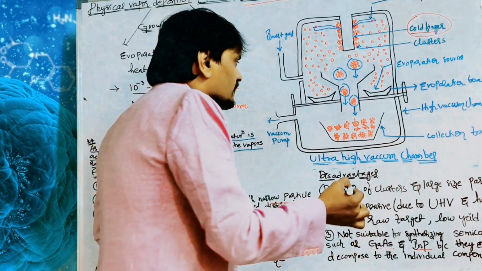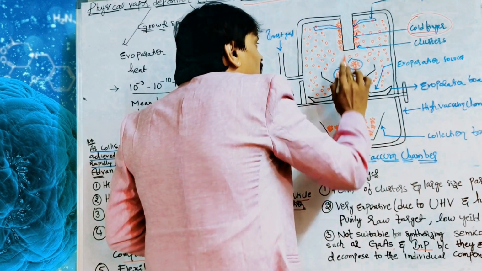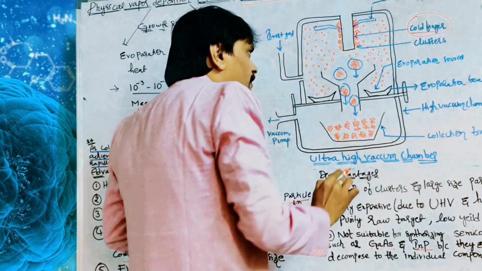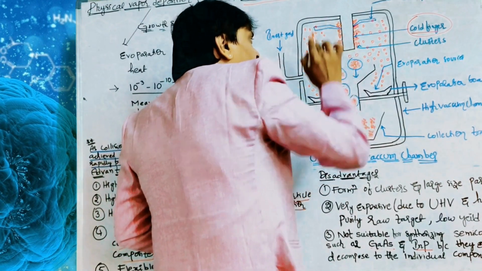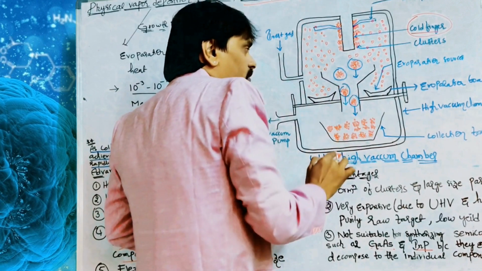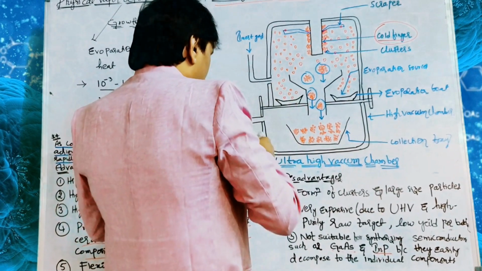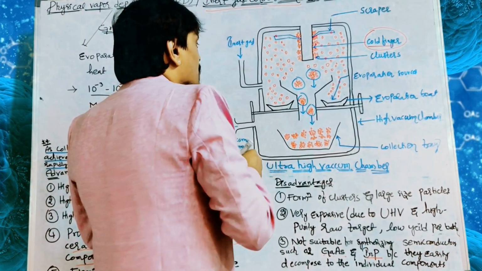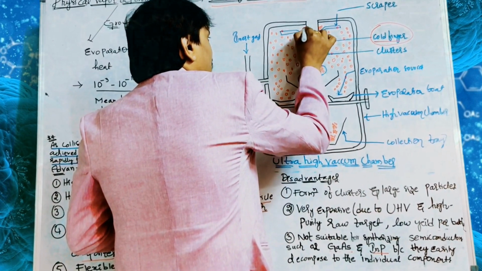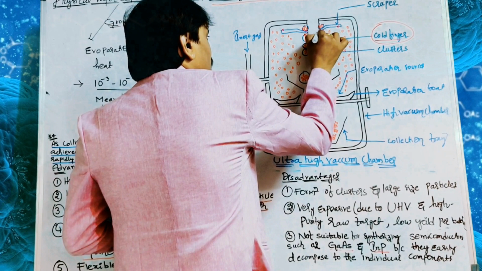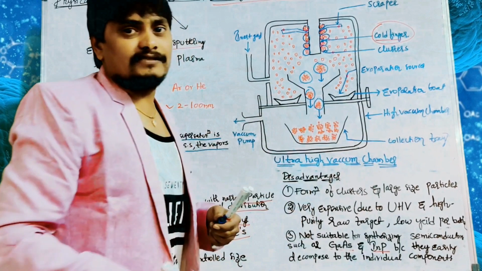Now, all the hot vaporized metal particles will move towards the cold finger, and as they are hot, once they reach the cold finger, which is in the cold condition, these vaporized metal particles will deposit as clusters.